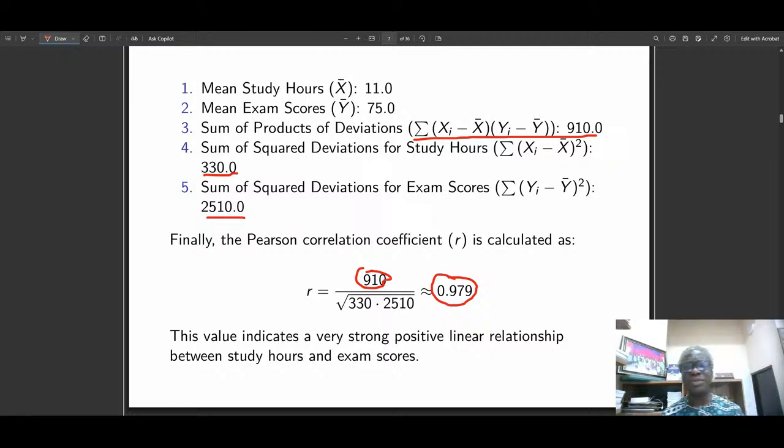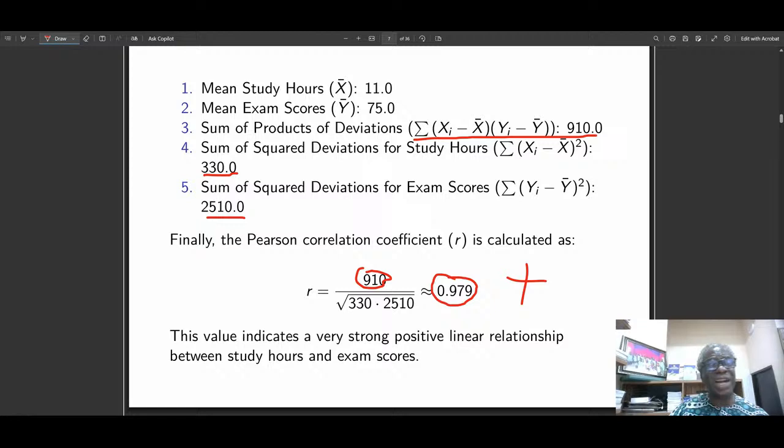So one, we know the sign is positive, and then the magnitude, which is 0.975, that measures the strength. And since that value is very close to 1, which is the highest it can take in the positive direction, it means it is a very strong positive linear relationship.